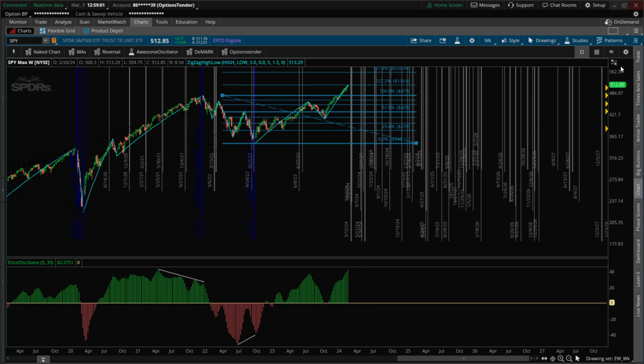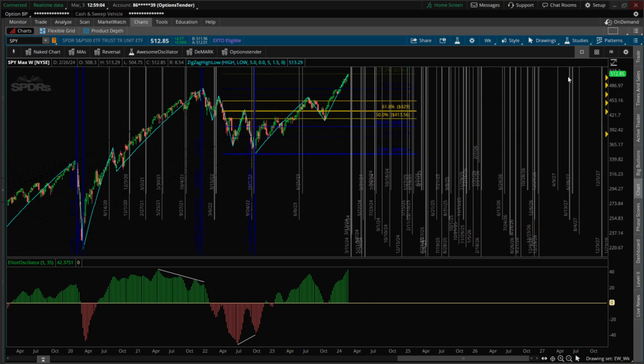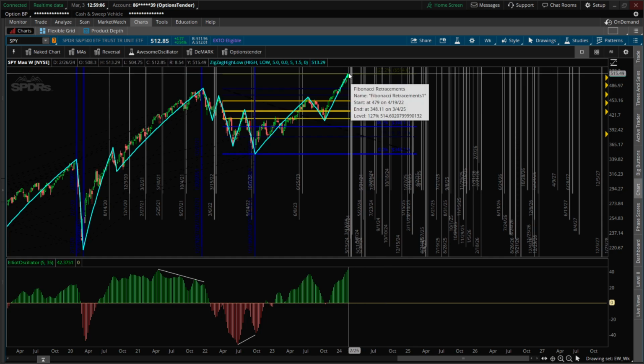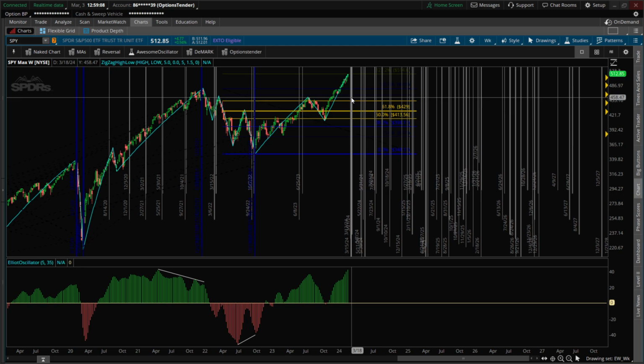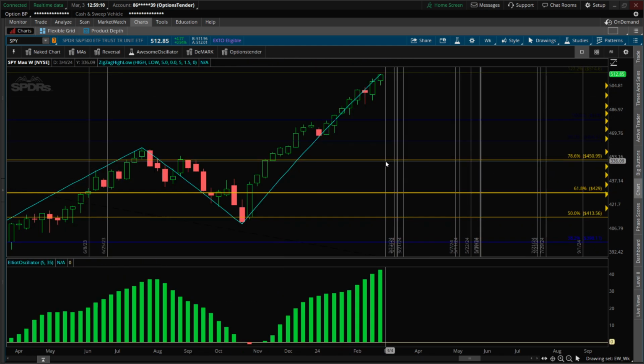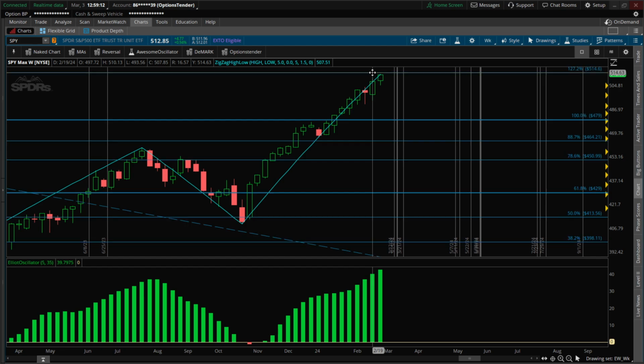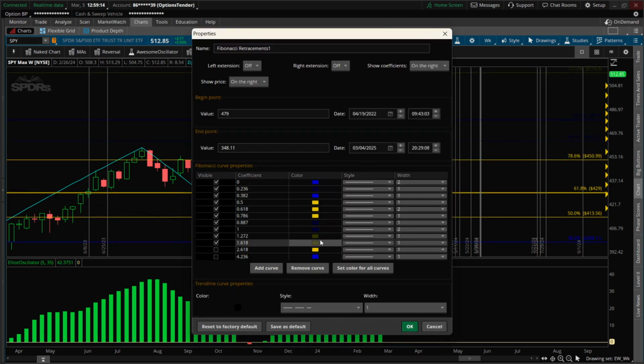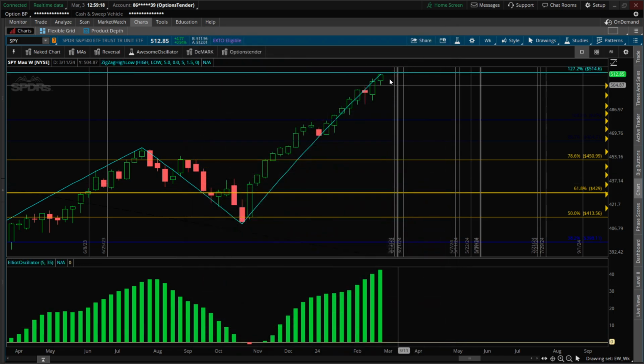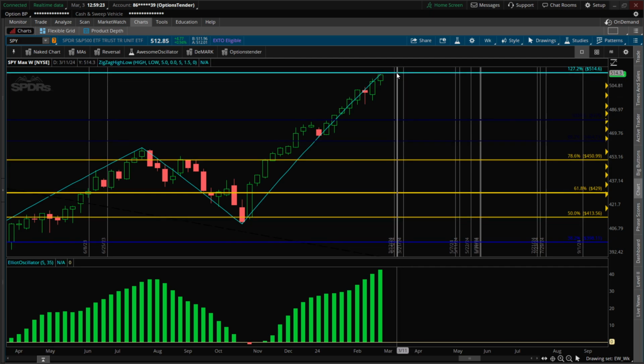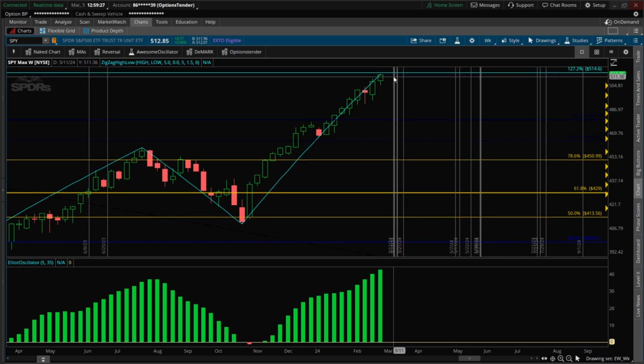So I want to show you the two extensions. We're coming right up on the first one, and we have a time frame as well. So you see, this is the extension. Let me highlight it. That's our extension we're coming right to. And now we have time and price coming into play here.